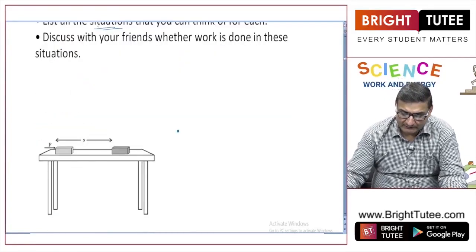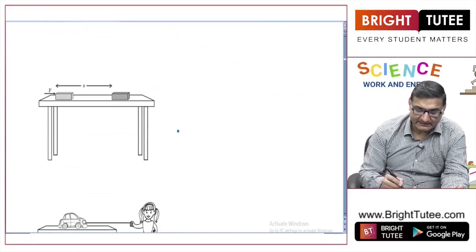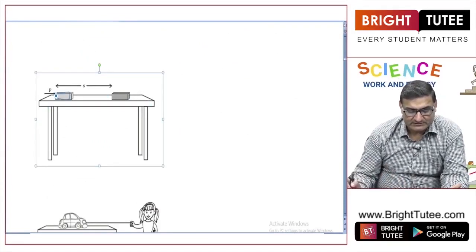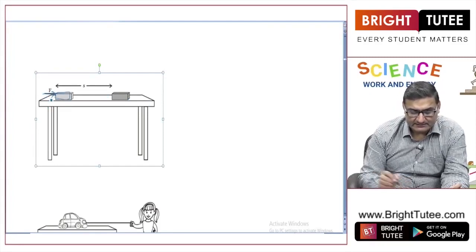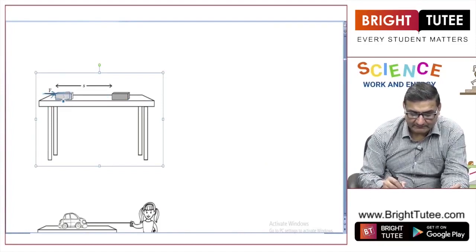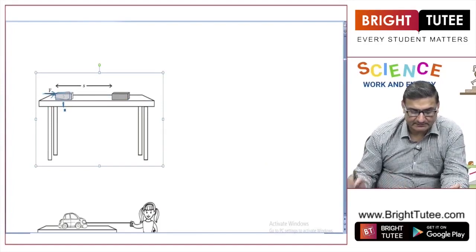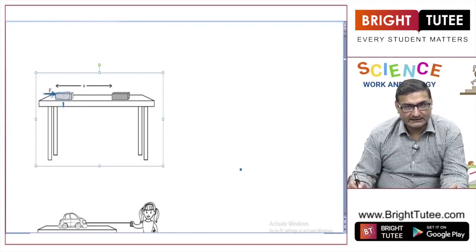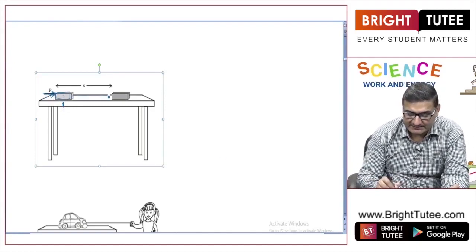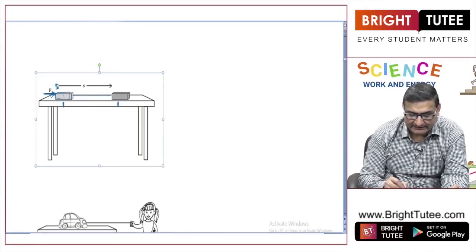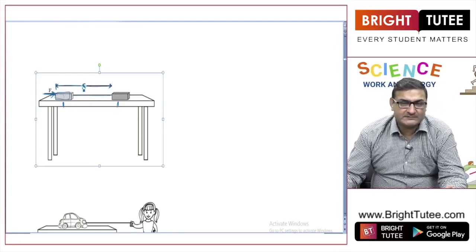Clear? Now when we talk about work, we have said that, for example, this is a table. Now this was an object. We have said that some force is being applied, and this particular object, which was initially kept at this particular position, after applying force and under the impact of force, it has been displaced, and now this is its final position, and we relate that this is the distance moved by the object.